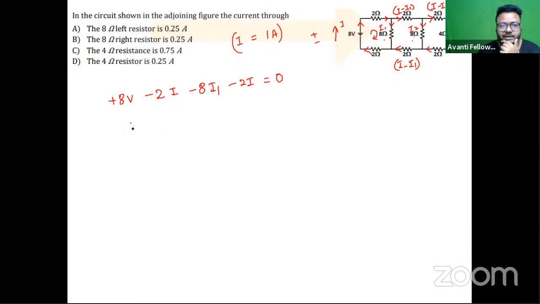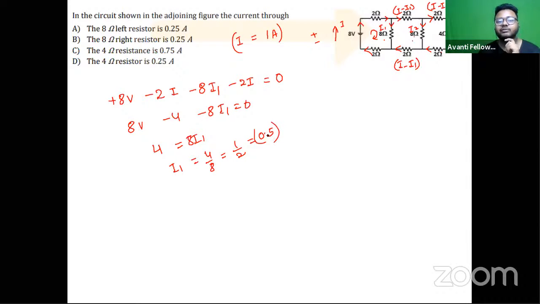So how much will you get? You'll get 8 volt, minus 2 minus 2, which is minus 4 into the I value, which is 1. So 8 minus 4 minus 8 into I1 should be equal to 0. You'll get 4 volt equal to 8 I1. So I1 will be 4 by 8, which is 1 by 2, so it will be 0.5.